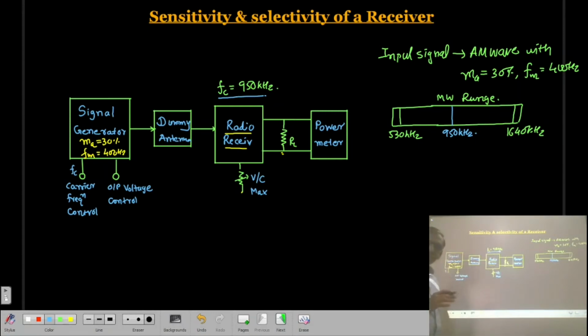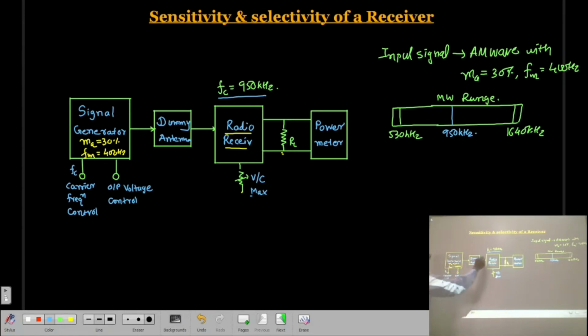So at the input, in the tuning section, the capacitor will be there. You have to change the position of the capacitor such that 950 kilohertz will be tuned. Second thing, keep the volume control in the maximum position.